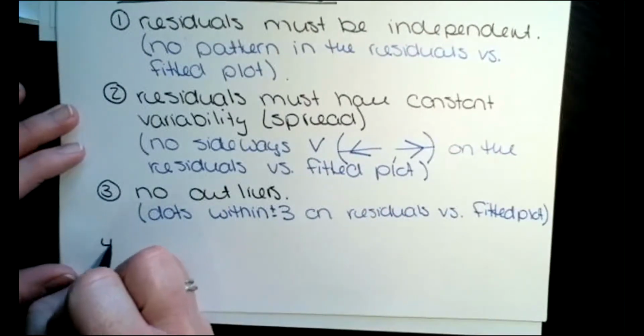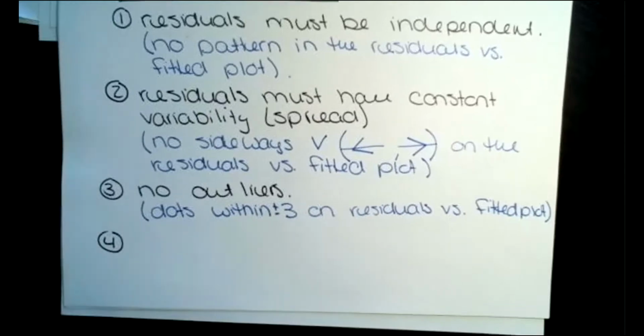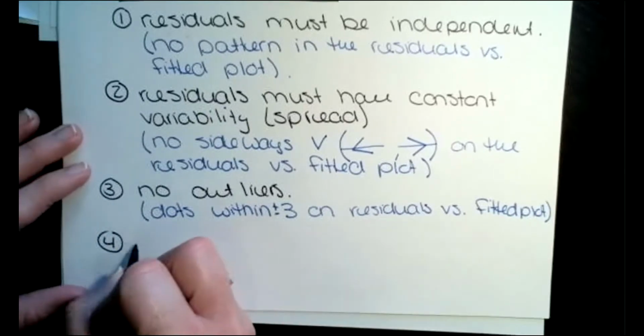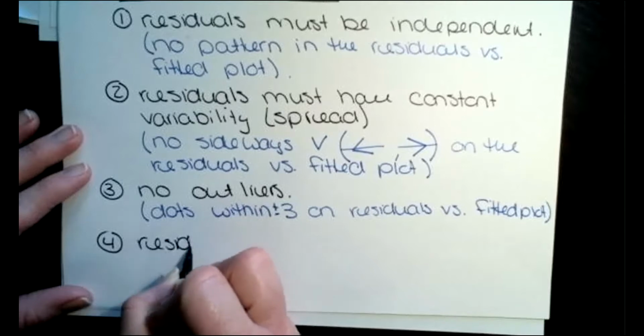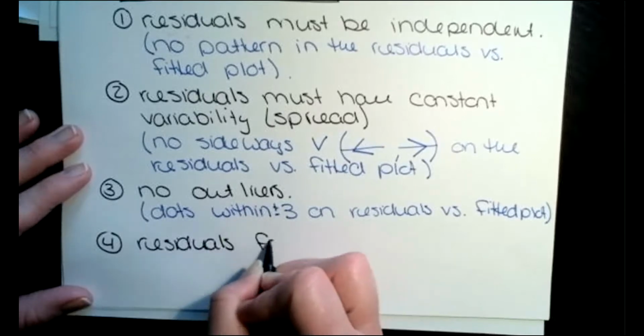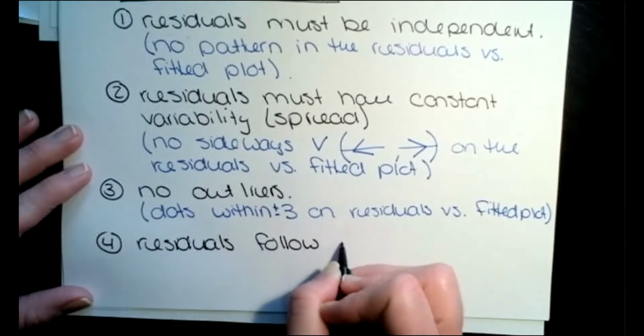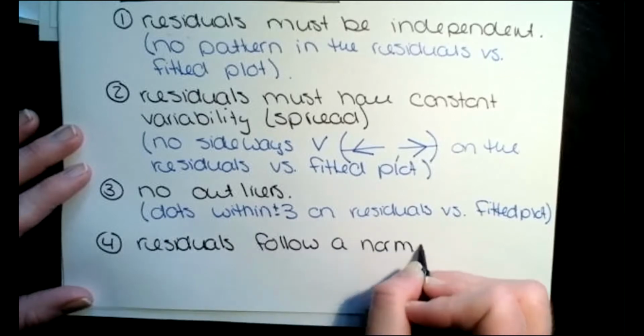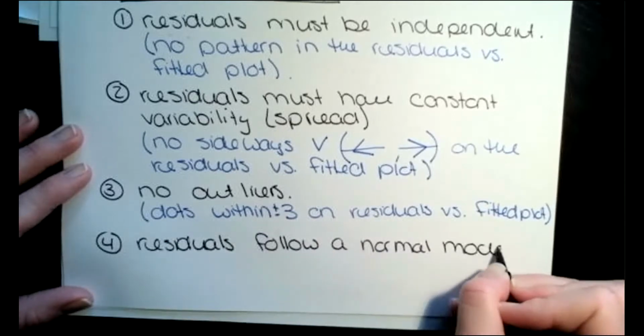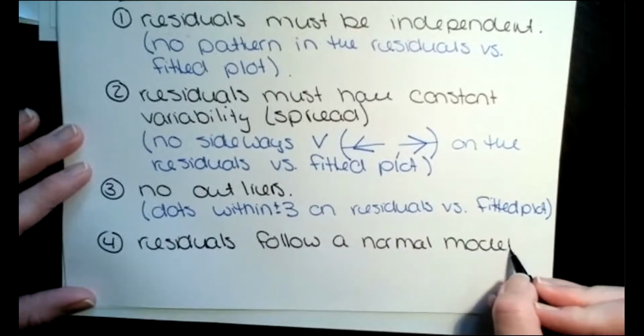And then the fourth one is we're looking to see if the residuals follow a normal model. So what we're going to do here is our normality test as usual.